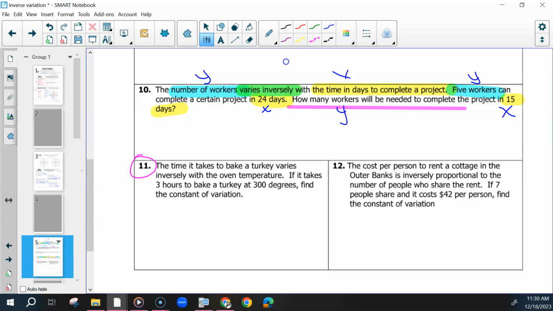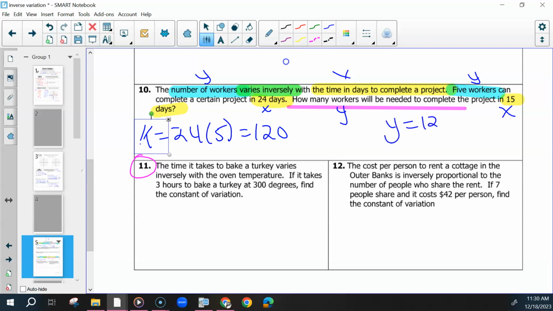What would be our first step? Multiplying 24 by 5. To get 120. Is that what you said? Yeah. Okay. And then how would we set up our equation? y equals 120 divided by 15.